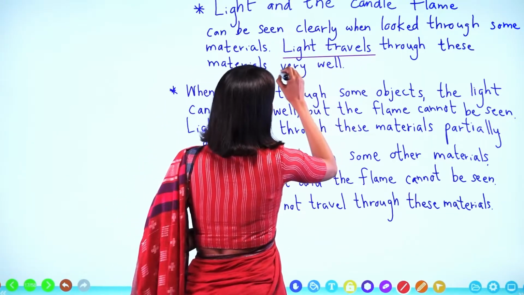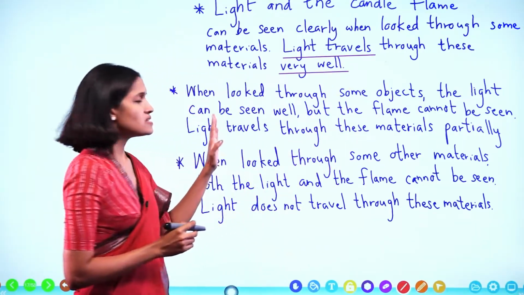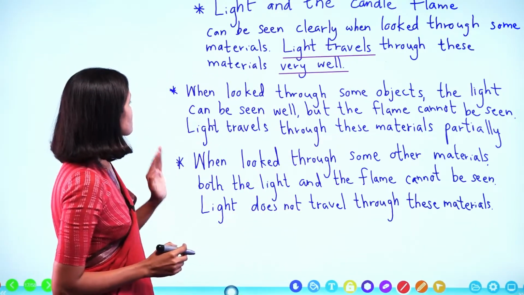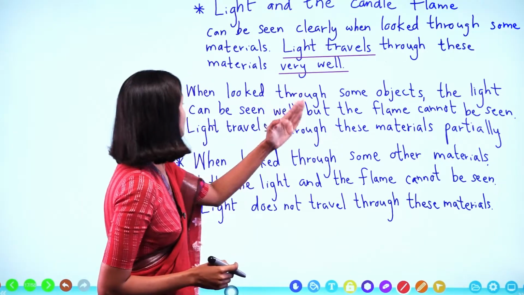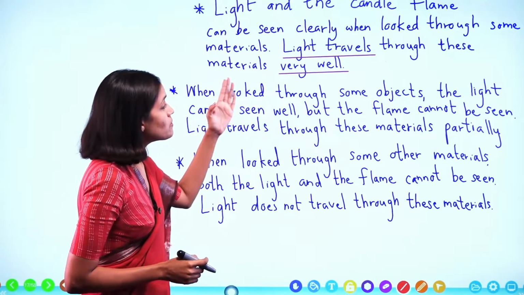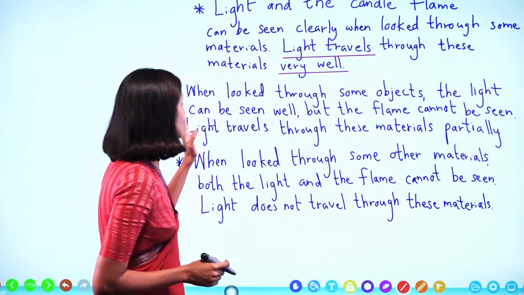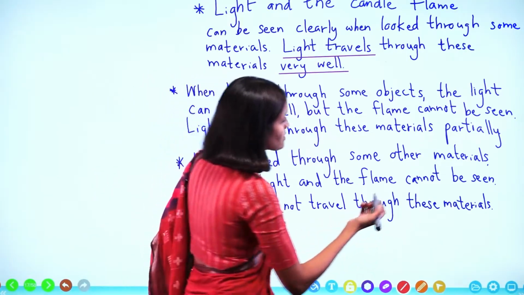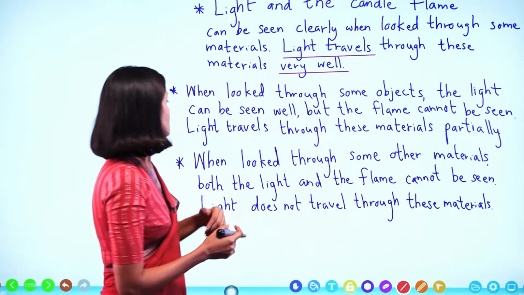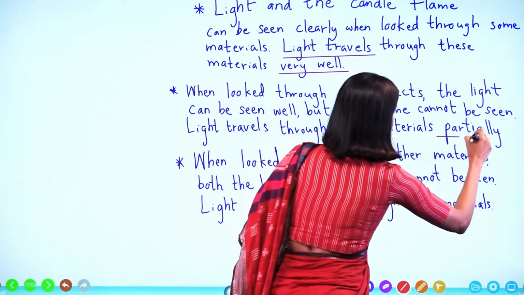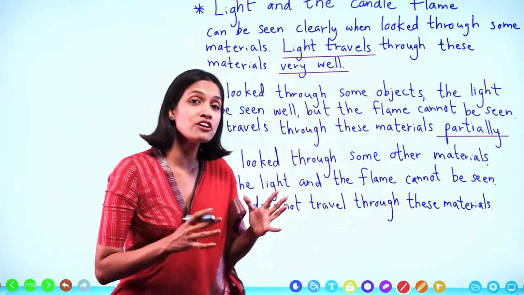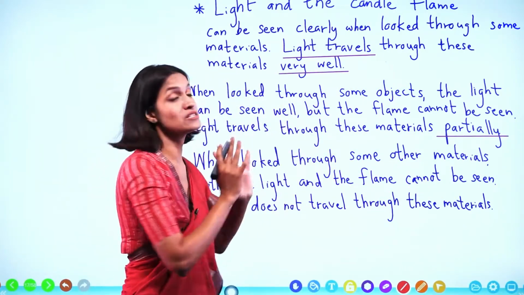Light travels very well. Second type of materials. When looked through some objects or materials, the light can be seen well, but the flame cannot be seen well. Right? Flame cannot be seen. So light travels through these materials partially. Only part of the light travels through these materials.